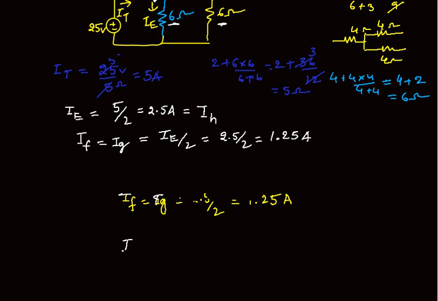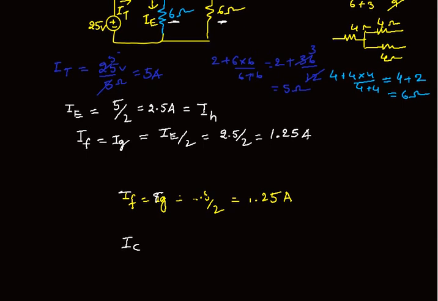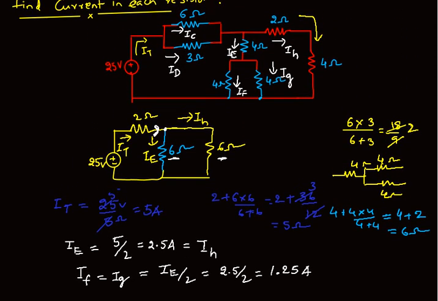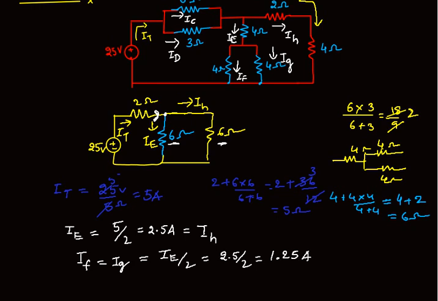If you want to find out IC, we can take the current division rule, that is IT into 6 ohms, the opposite resistor, by 6 plus 3.